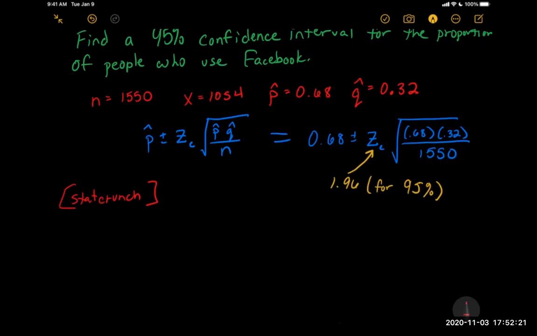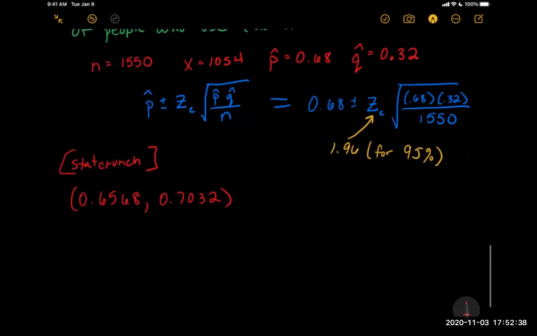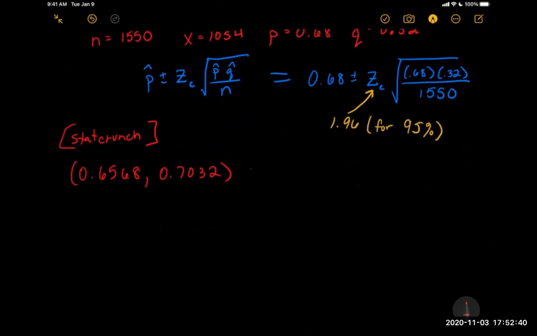And my interval here, my lower limit and upper limit, I'm just going to round to 4 decimals. So I'm going to do 0.6568 to 0.7032. Or if you want to write this in percents, you could say it is from 65.68% to 70.32%.